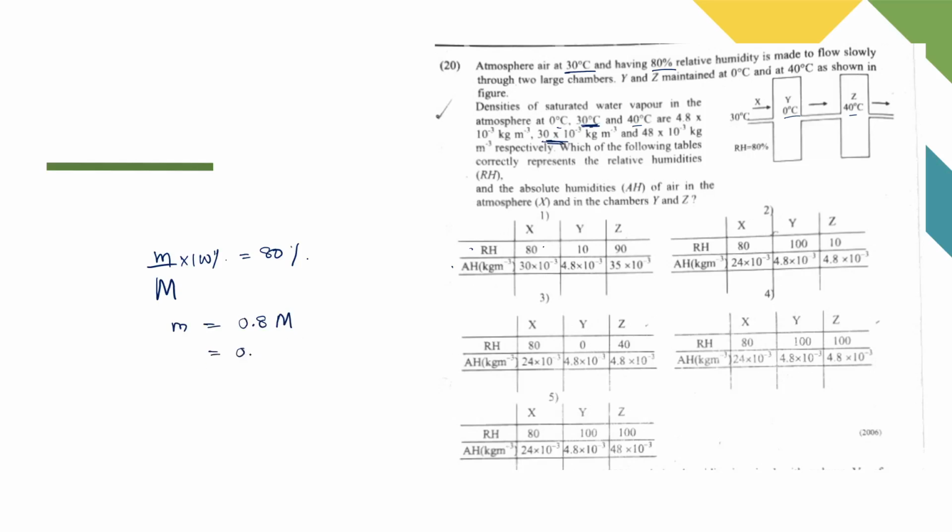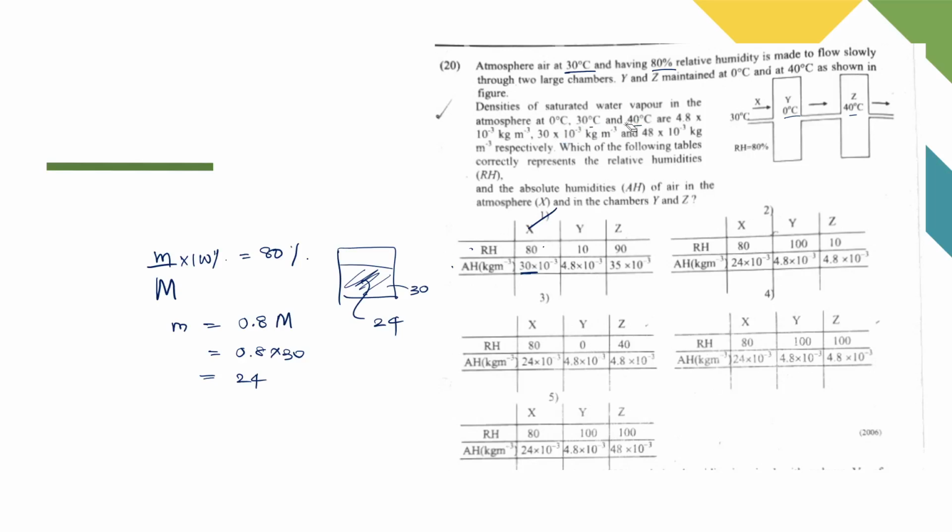So 0.8 into 30 would give me 24 into 10 to the minus 3. Then what should be the AH? From 30, only 80% is occupied. That means 24. So we can cancel the first answer because it says 30. All the other answers are valid.